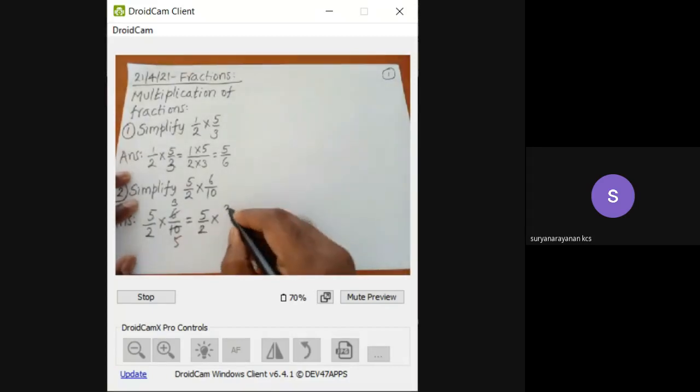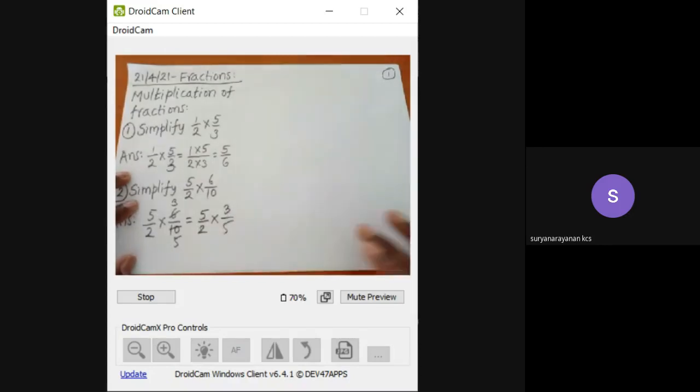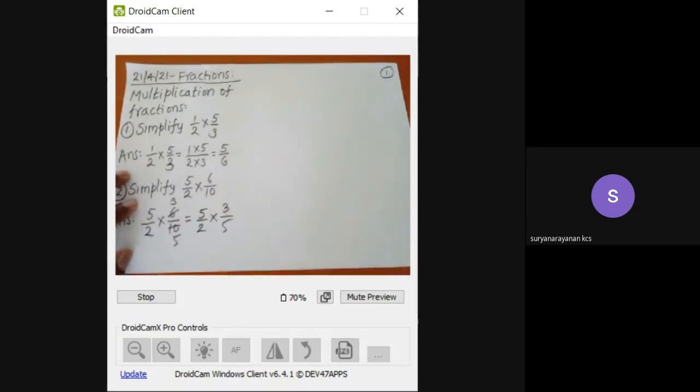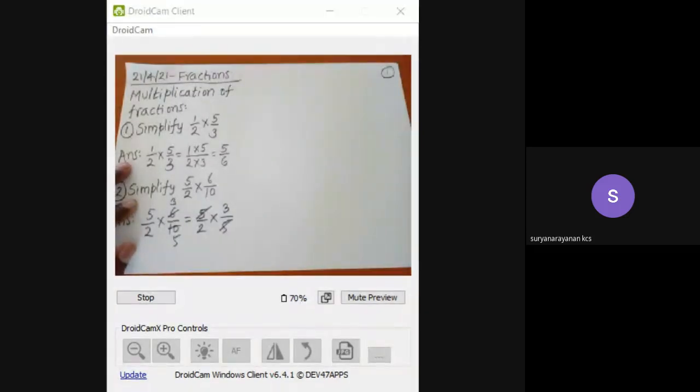Now we write the second fraction 3 by 5. We wrote the second fraction in its simplest form. Again, if you observe, here numerator is 5, here denominator is 5. We can strike out. Here also we can find HCF of these two numbers.